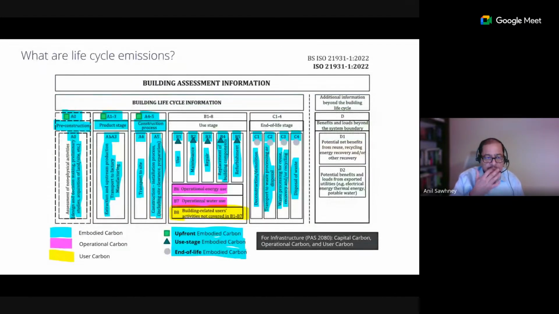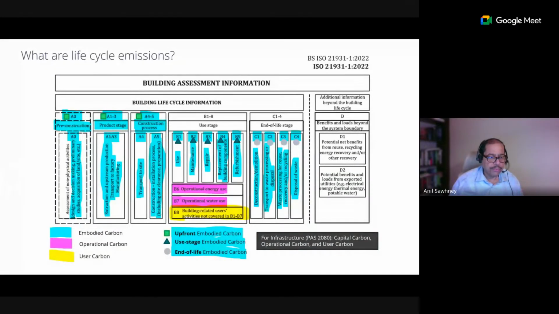So this is the layout which we typically use for whole life carbon assessment. If there was one slide out of these 5 days that you wanted to pay attention to, this would be it. Okay, so this slide actually tells you how we conduct assessments.